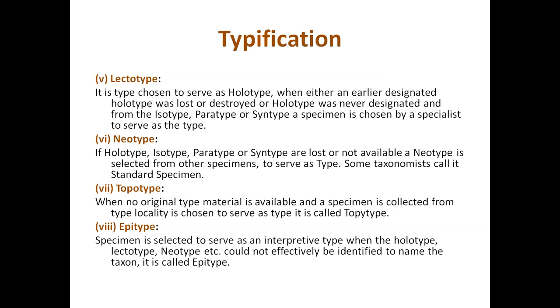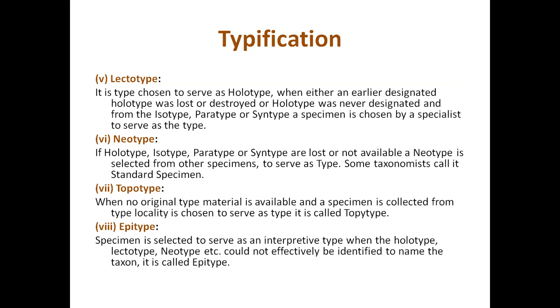So next we come to neotype. If holotype, isotype, paratype or syntype are lost or not available, then neotype serves the purpose, and some taxonomists call it standard specimen. Topotype, what is topotype? When no original type material is available and a specimen collected from the type locality is chosen to serve as type, it is called topotype.